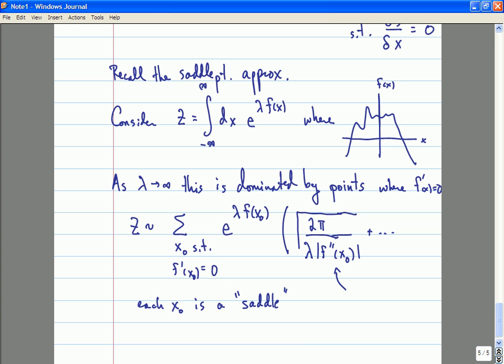The first order is 0 because f prime is equal to 0 at that point. So the first correction in the saddle point approximation is the second term, x minus x naught squared times f double prime. That's a Gaussian integral. You know how to do Gaussian integrals. It'll be the square root of 2 pi over f double prime. Okay, I did the problem for you then, but you'll do it again on your problem set. Good.